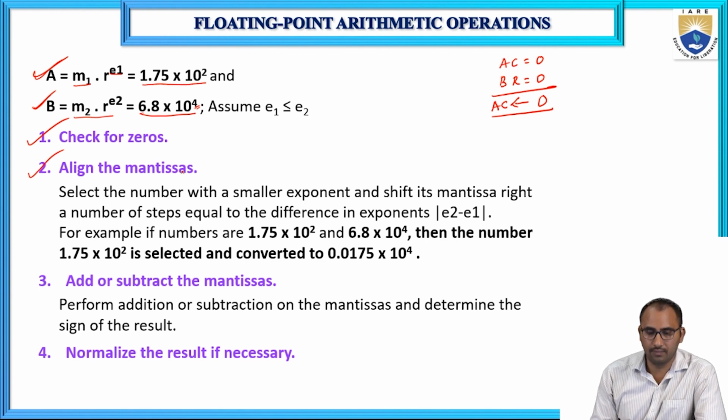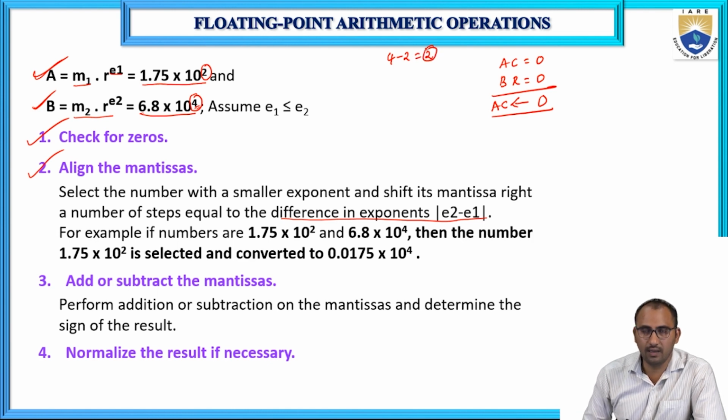For that, select the number with the smaller exponent and shift its mantissa right by a number of steps equal to the difference in exponents. What is the exponent of the first number? 2. What is the exponent of the second number? 4. So the difference is 4 minus 2, which is equal to 2.